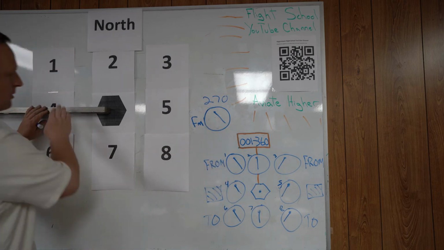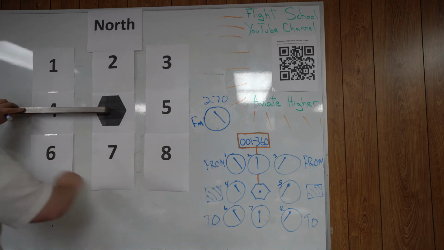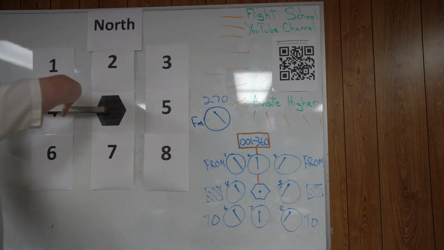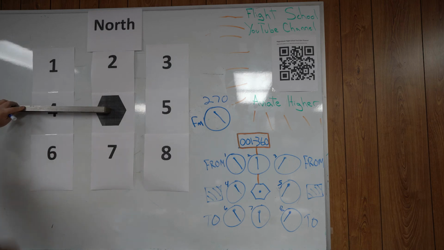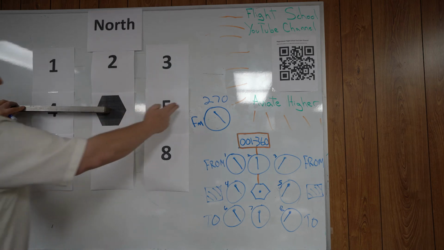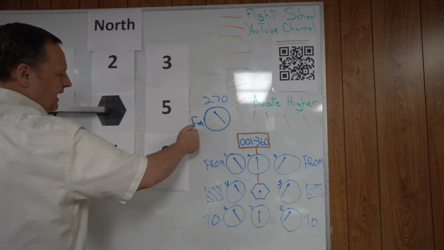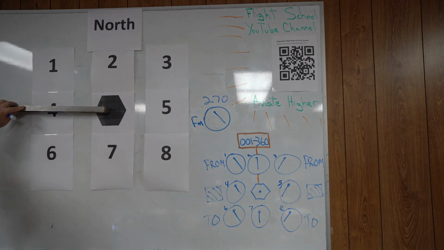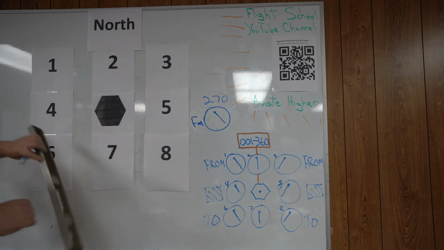It's going to put me in quadrant number 1. Well, here's the radio, there's the radio. Quadrant number 1 is going to put me right at number 6 because I had to pick it up and twist it 90 degrees this direction. So number 6, which means if I have 270 from flag and a right deflection, I'm going to be in the southwest quadrant of the Navaids.